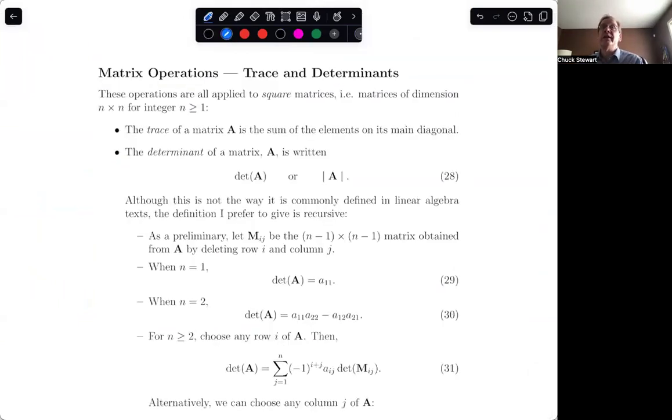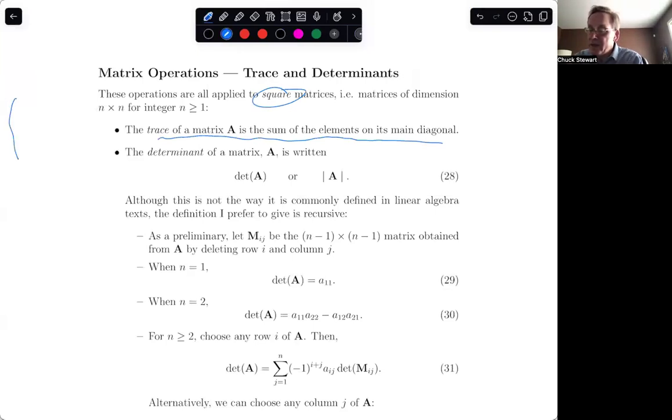Trace and determinant. So these are pretty important operations overall in terms of matrix algebra. The trace of a matrix is the sum of the elements along its main diagonal. Traces and determinants only are applied to square matrices.